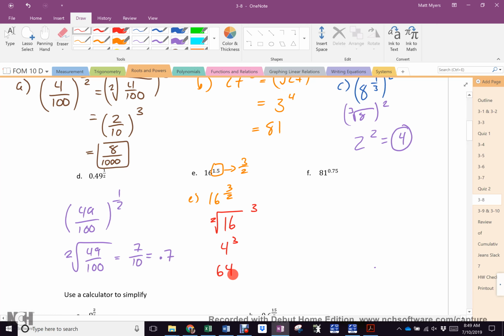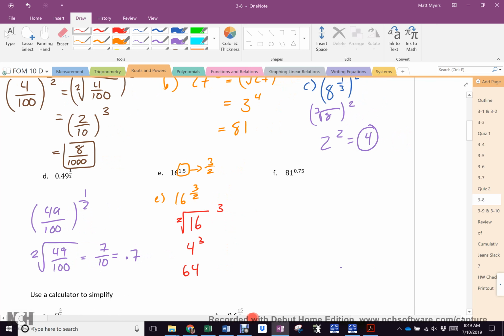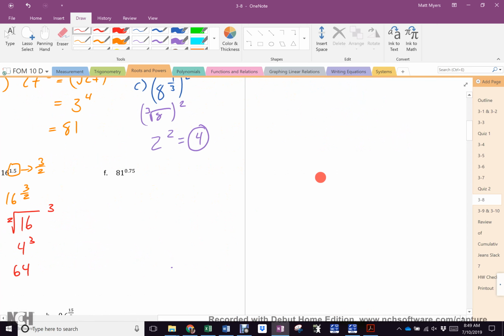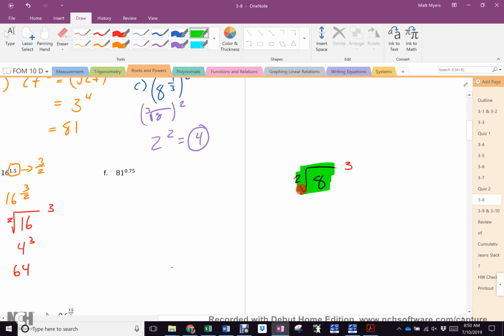Now I want to stop here for a second and show you something. Do not write down what I'm about to show you. Just watch. This worked nicely because 16 has a square root, doesn't it? What if it was the square root of 8 cubed? Does 8 have a square root? No, it doesn't. So I can't do anything with that, can I? If this doesn't break down easily and perfectly, here is what you need to do.